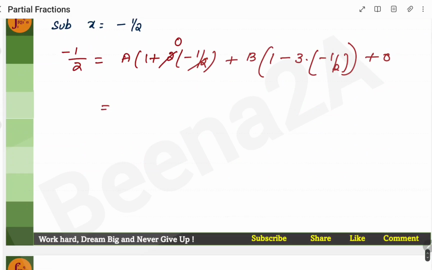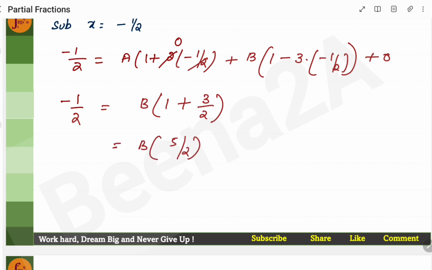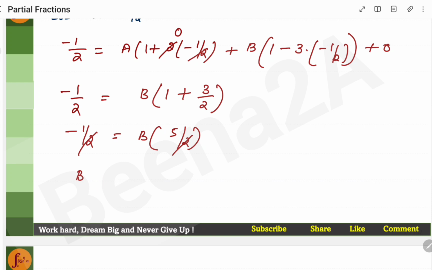So I'll get b into 1 minus 1 minus 1 will become plus 3 by 2. So if I take LCM, I'll get b into 5 by 2 is equal to minus half, which means 2 and 2 will get cancelled. So I'll get 5b is equal to minus 1, which means b is equal to minus 1 by 5. So b is minus 1 by 5.